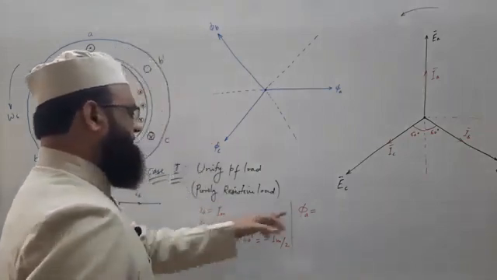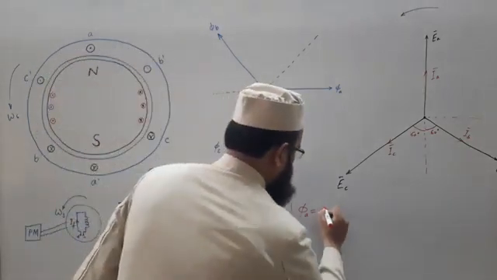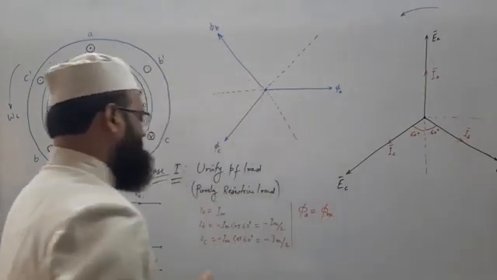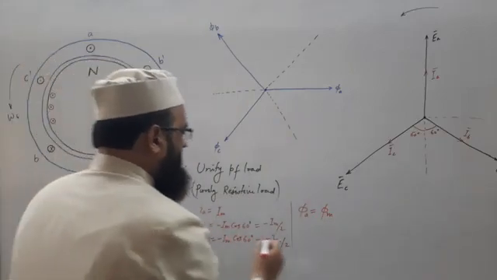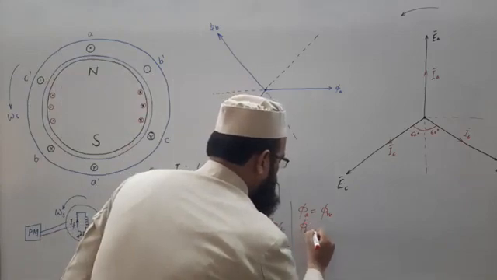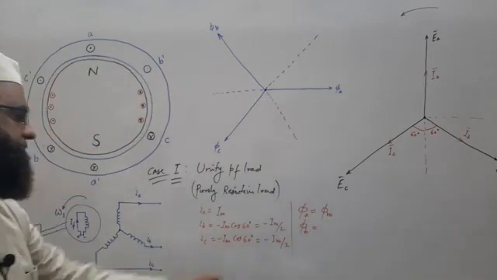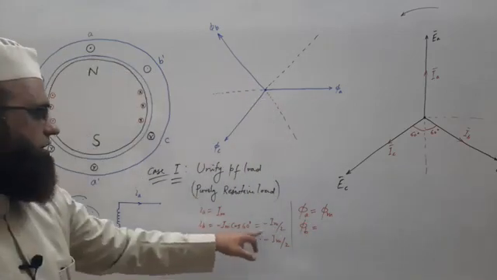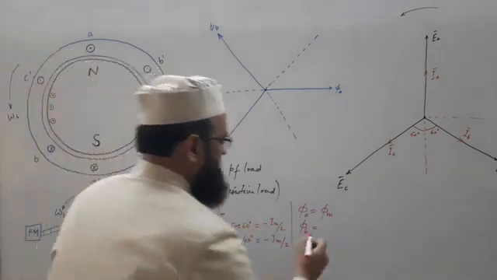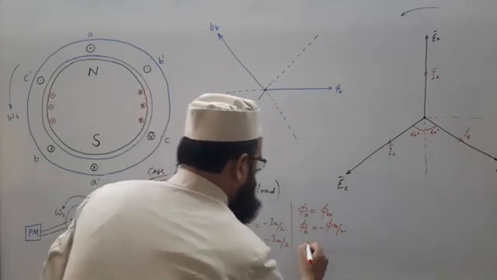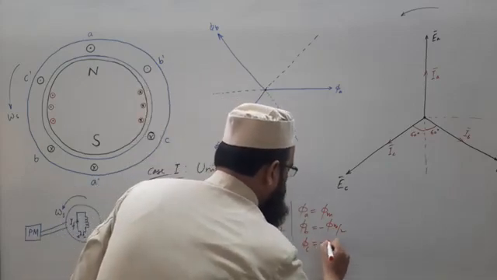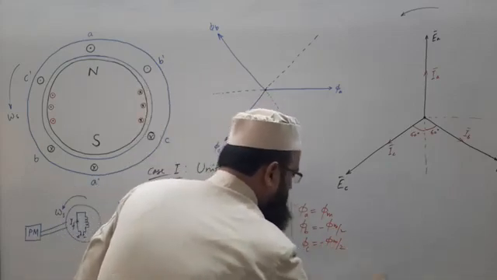Let us denote the maximum value of flux by phi m, as we denoted the maximum value of current as Im. So what about phi B? Phi B will be minus phi m by 2, and similarly phi C will be minus phi m by 2.